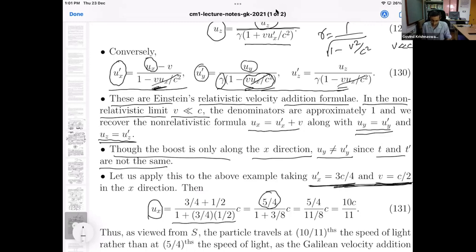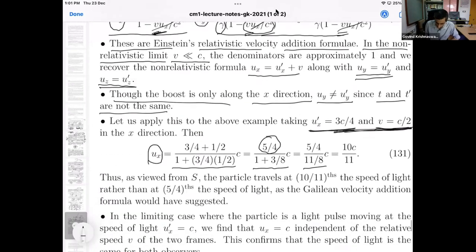Well, there's an overall c. The c is giving you the units, and denominator becomes 1 plus 3/8. So that is 5/4 divided by 11/8. If you cancel the 4s, you get 10c upon 11.